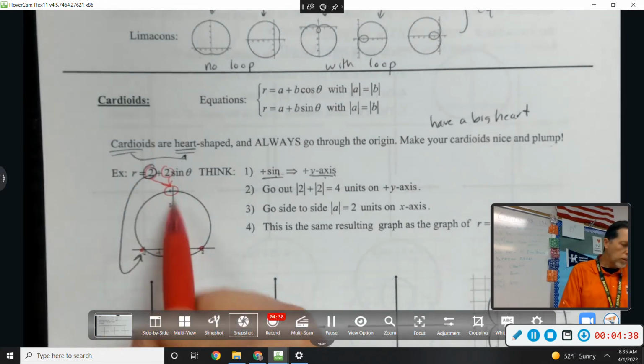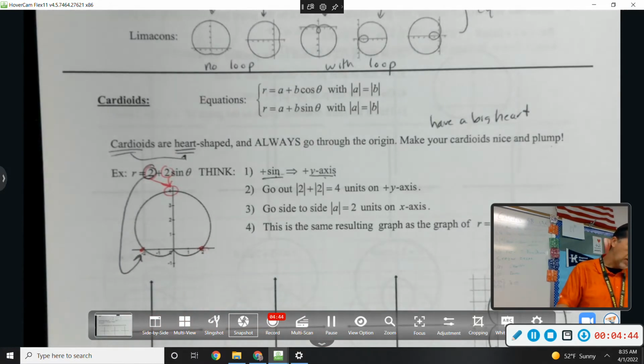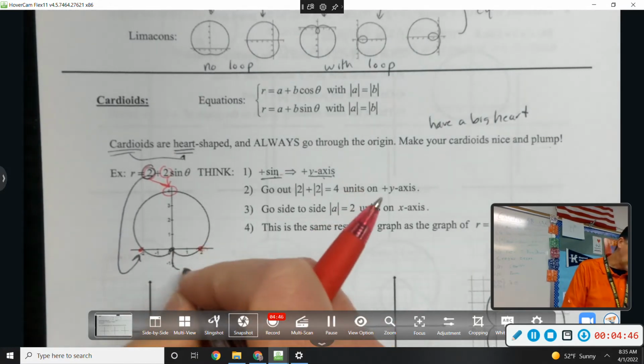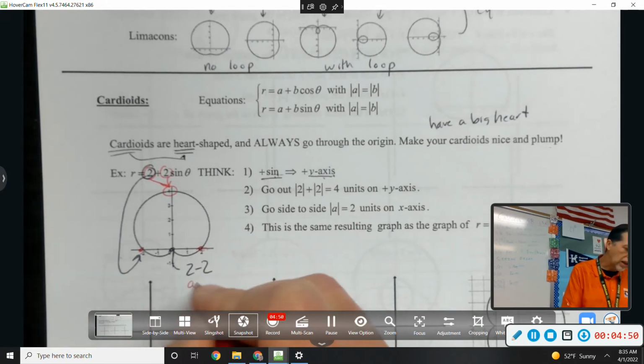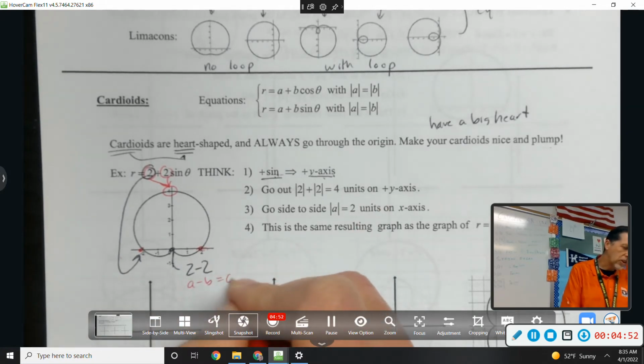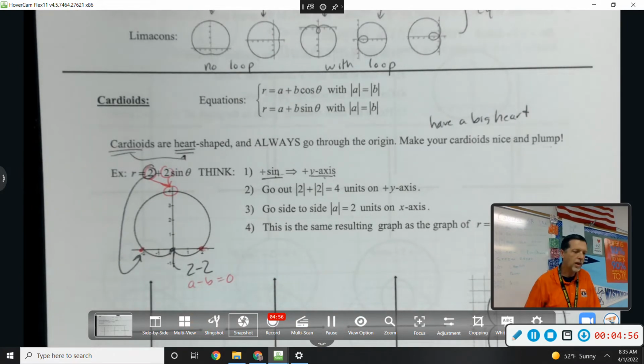So 2 plus 2 gets you the furthest out. The first number gets you the side units, and then this point is always 2 minus 2, or the A minus B. Now, for a cardioid, it's always 0. That's what makes it a cardioid. So it's always going to go back to the pole.